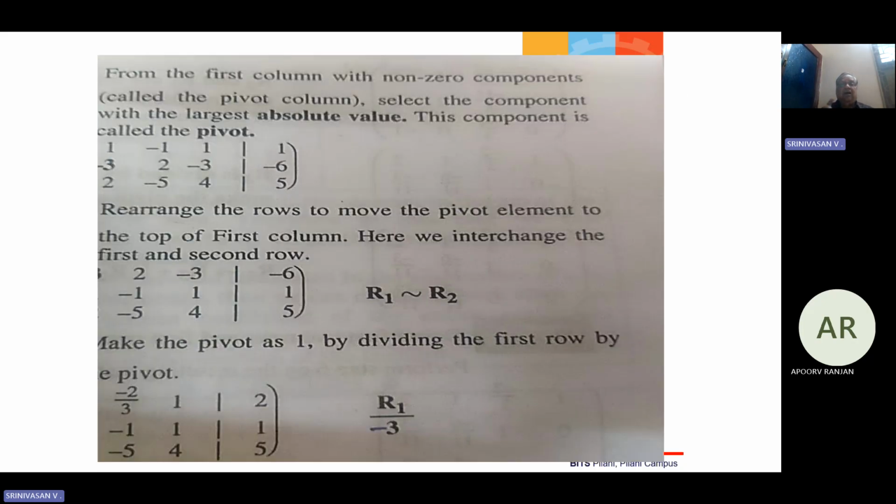Then just to see here, from the first column with the non-zero components, called the pivot column, select the component with the largest absolute value. Look at this. Largest absolute value. That is important.